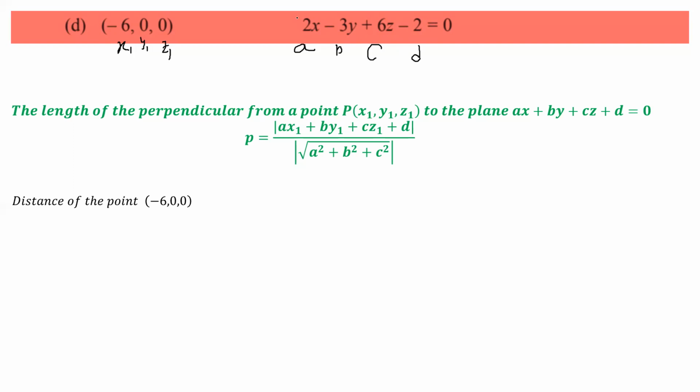So ax1, 2 into minus 6, minus 12, and then b into 0, 0, c into 0, 0, and minus 2. So this will be 14 upon under root 2 square plus 3 square plus 6 square, that is 4 plus 9 plus 36, which is root over 49, that is equal to 7. So 14 divided by 7, so the answer is 2 units.